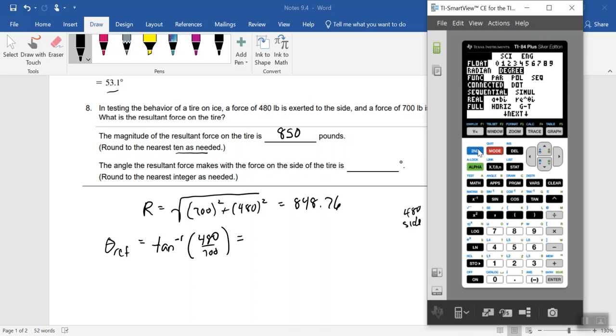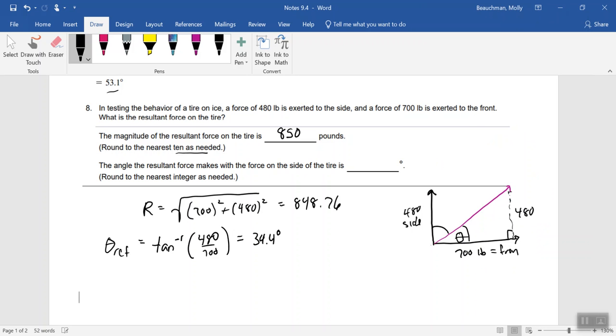So mode, yep, it's in degrees. So I want inverse tangent of 480 divided by 700. And I end up with 34.4 degrees.